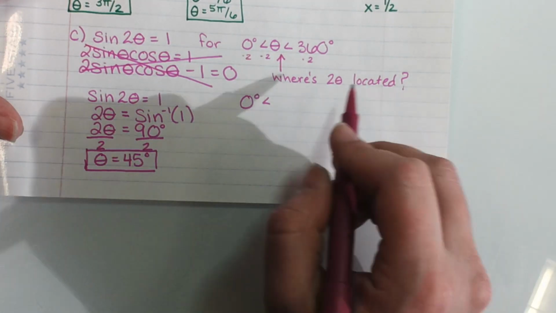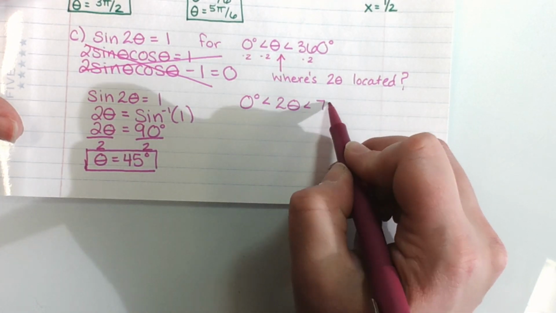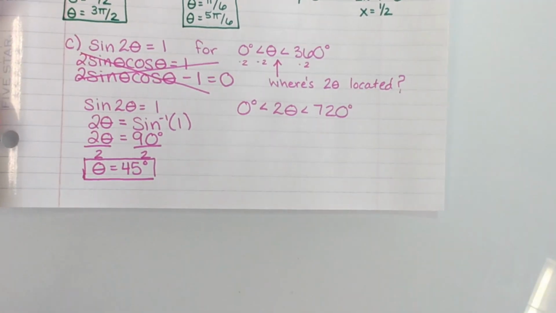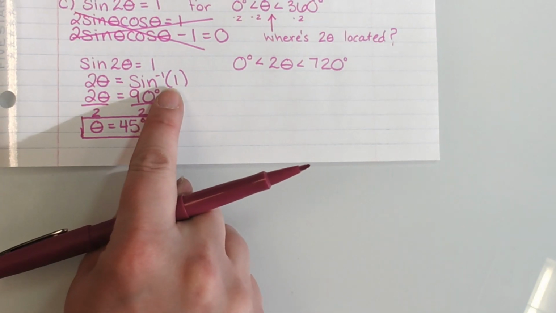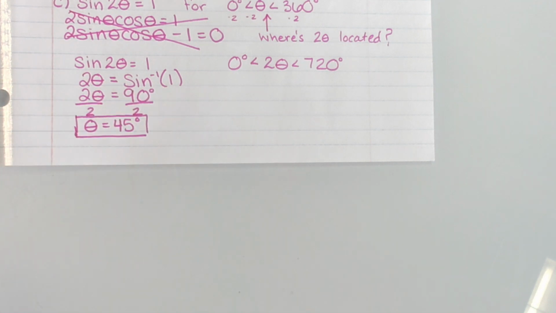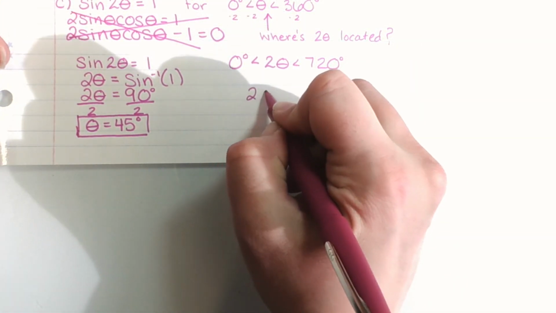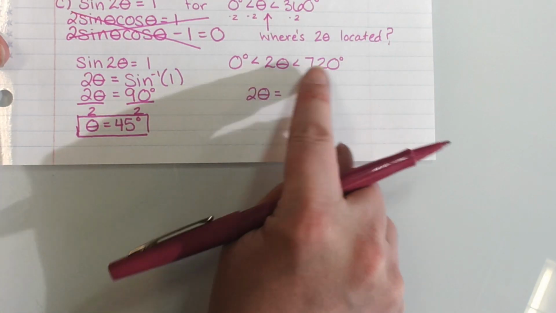If theta is between 0 and 360, 2 theta is between 0 and 720. Which means when I do inverse trig, I not only need to look at angles between 0 and 360, I need to look at angles between 0 and 720. Where else will sine be 1 between 0 and 720?